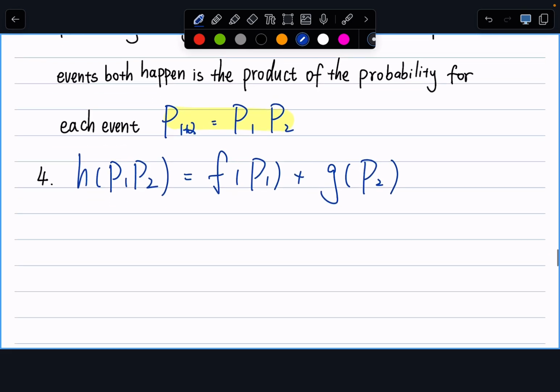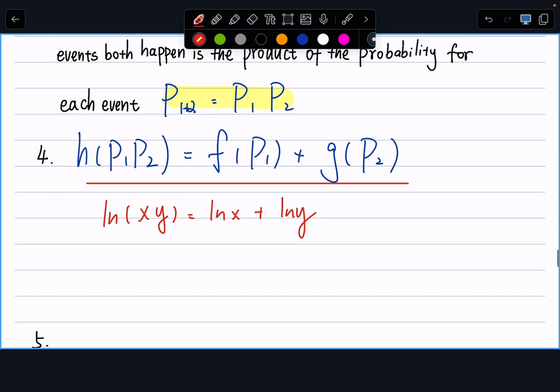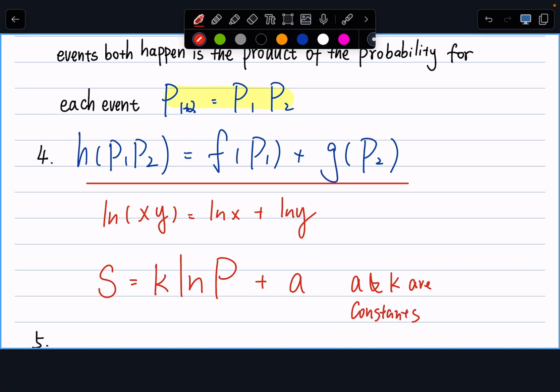The only solution to this equation is a logarithm function. So for example, ln of x times y equals ln x plus ln y, right? So a logarithm function is the only solution for this setup. Or the other way to put it is we have entropy as a function of some constant k times ln of the probability plus a. And a and k are constants here. We'll come back and say what exactly a and k are in this example.